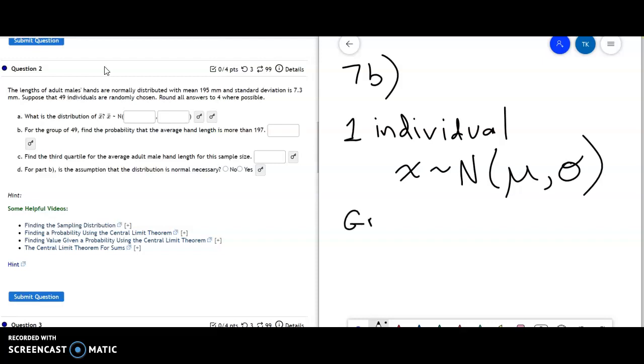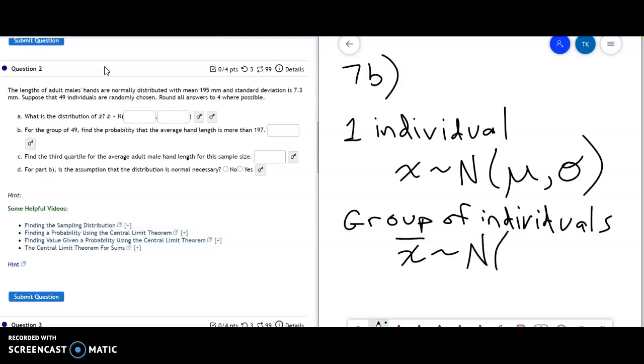However, if you have a group of individuals, then you are going to be looking at the average of the group, so an X bar, and if that's normal, it's going to have the mu that's given, but the standard deviation is going to be sigma over the square root of n. So instead of just giving the standard deviation in the original problem, like they would with one individual, for a group of individuals, you have to calculate this new standard deviation right here. And that's what they're asking for in this problem in part A.